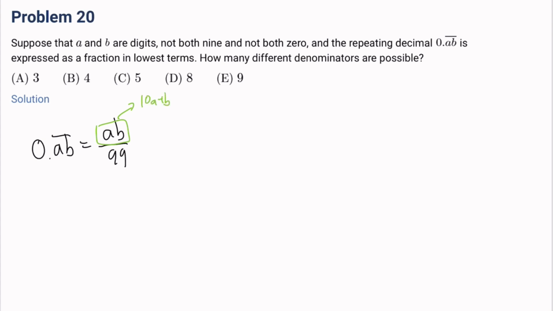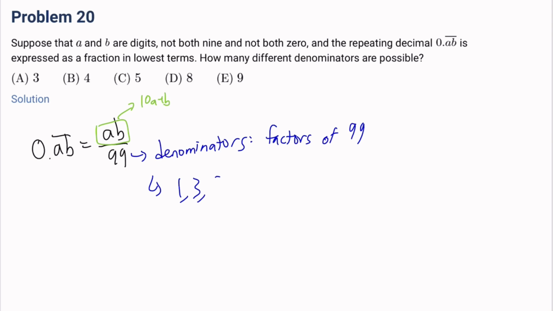But for this one, we want the number of denominators that are possible, right? So the denominators are factors of 99, right? And so the factors of 99 will be 1, 3, 9, 11, 33, and 99, right?